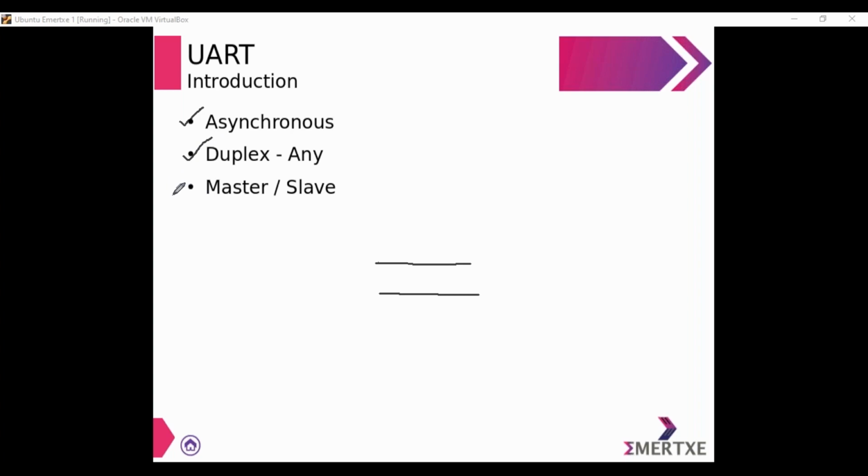Then we have the terminologies master and slave. In fact, when it comes to the UART communication protocol, we generally don't refer to the devices as master and slave, because you call a device a master only if it generates a clock pulse. Now, do I have a clock pulse involved in UART?